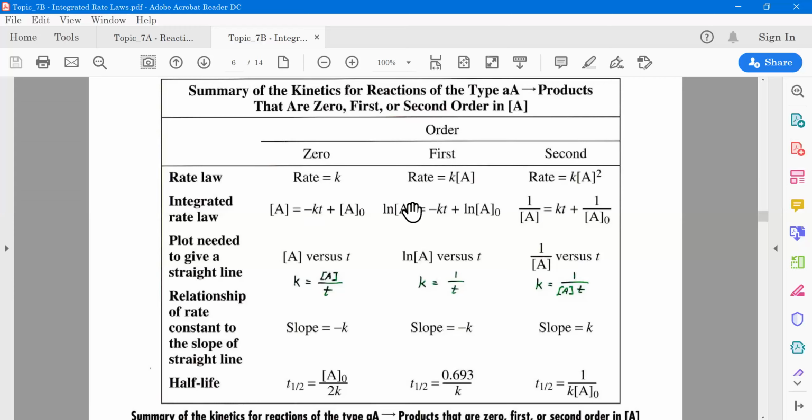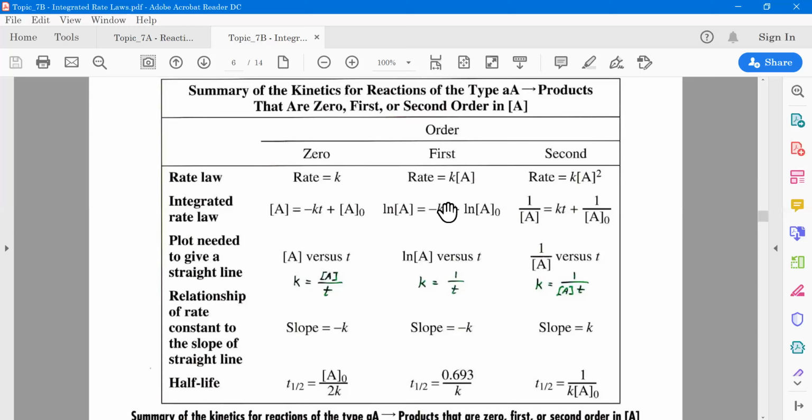So the integrated rate laws are shown here for all 3 cases. As we saw, for zero order the concentration of A is simply minus kt plus the initial concentration, which will always be a simple straight line, because the reaction rate depends only on the rate constant itself. For a first order reaction, the log of the concentration of A versus time will give a straight line.